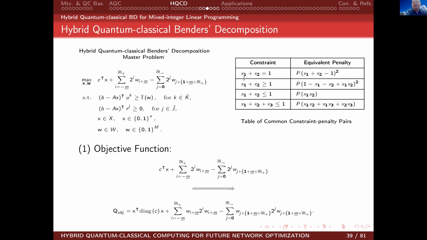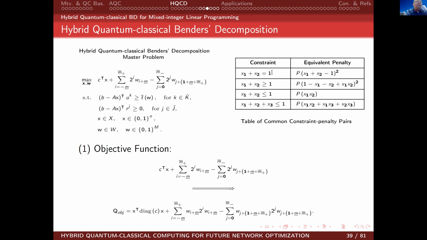For example, if the constraint is x1 plus x2 equal to 1, then we can use x1 plus x2 minus 1, then add a square to represent this constraint. Similarly, we can convert the constraints with the right-hand side equal to 1 to a new formula.